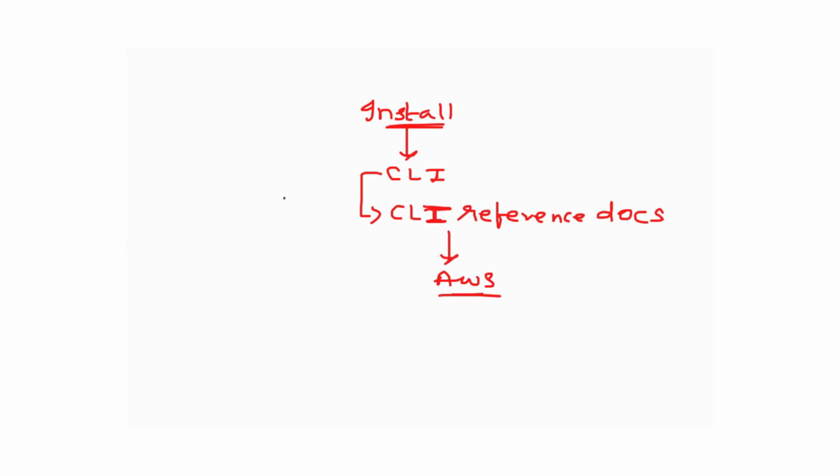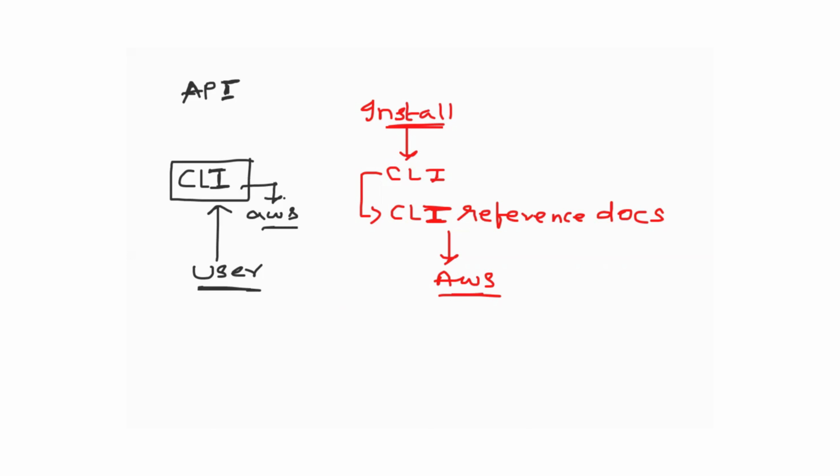One final summary before I go to the practical. AWS CLI acts as a layer between user and AWS API. So if you pass inputs to AWS CLI, you need to invoke this AWS CLI using some shell commands on your terminal on your machine. You will just say AWS followed by the parameters that are required.